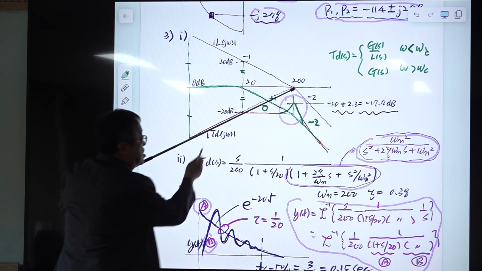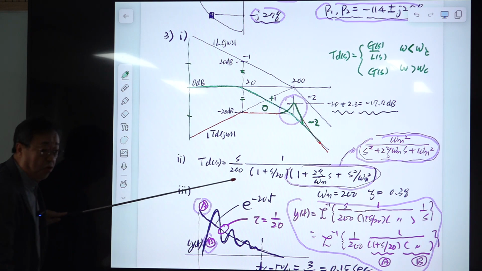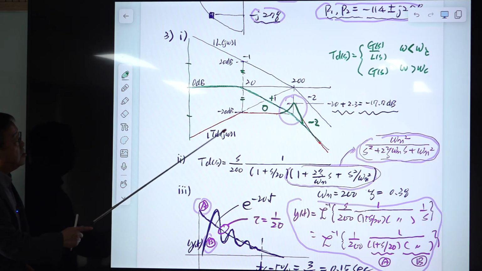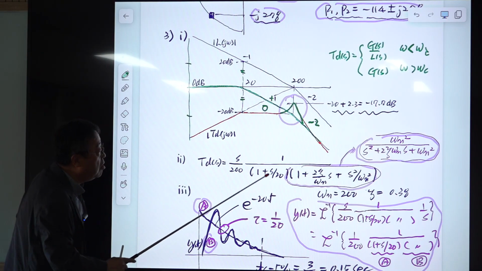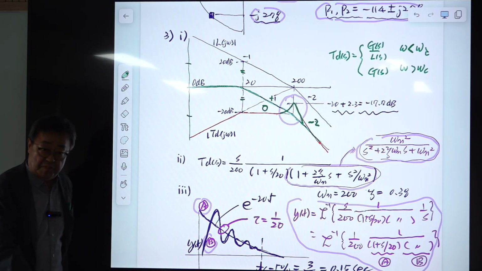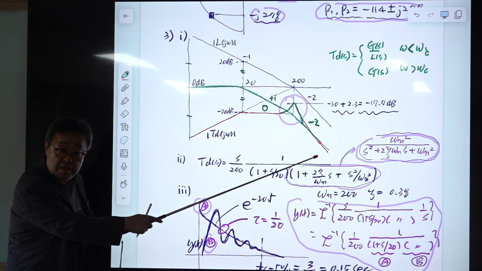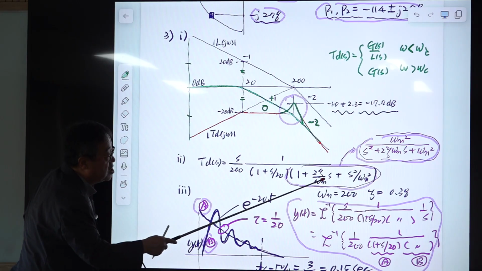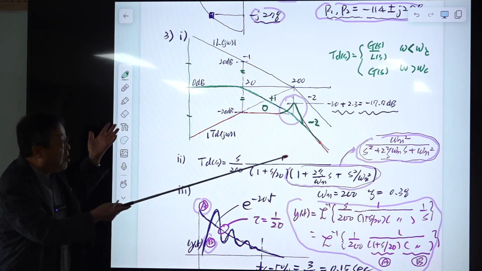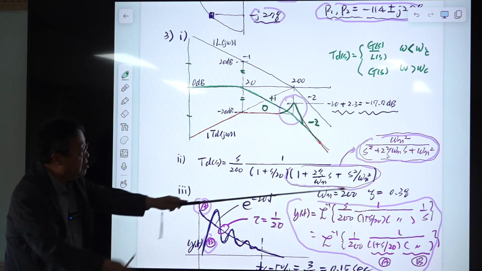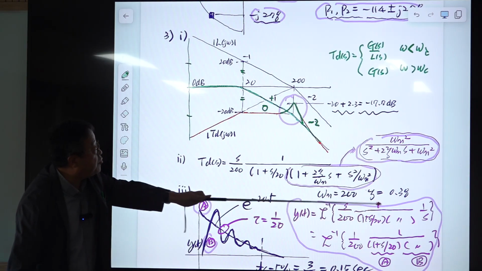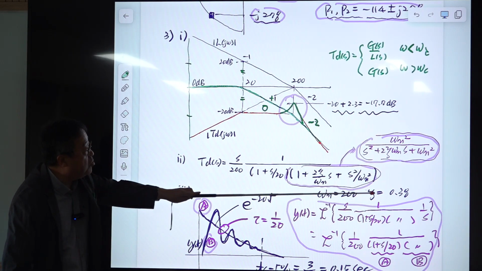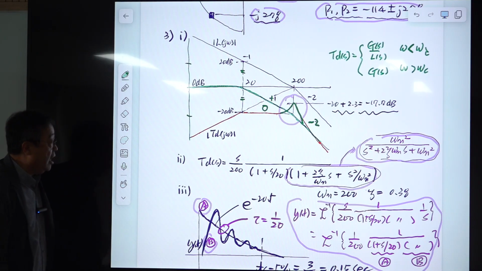So this DC gain is 200, and you have a pole here, and the second order system is coming in. All right? We know this frequency, okay? And we know this zeta. So we know the equation of everything. So this zeta is derived from the phase margin of 45 degree, okay?